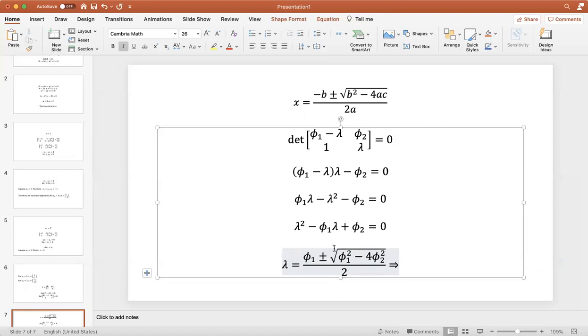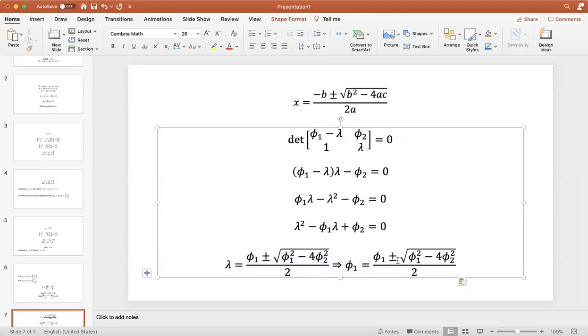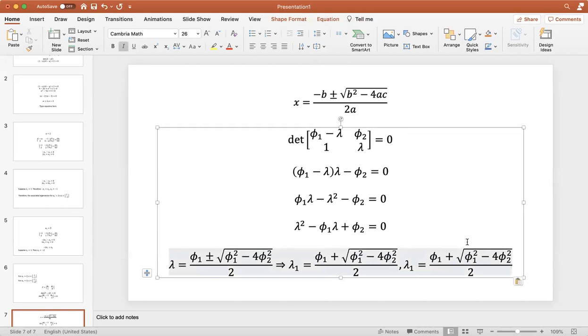So therefore, the eigenvalues will just be equal to phi1 plus or minus the square root, over 2. The first eigenvalue would be the one with the plus, and the second eigenvalue would be the one with the negative of the square root.